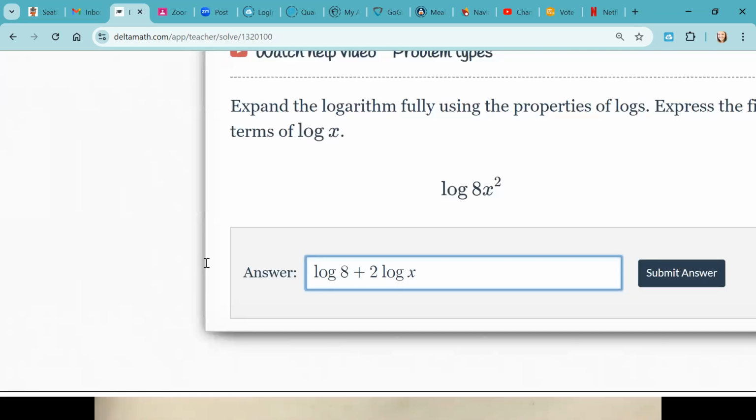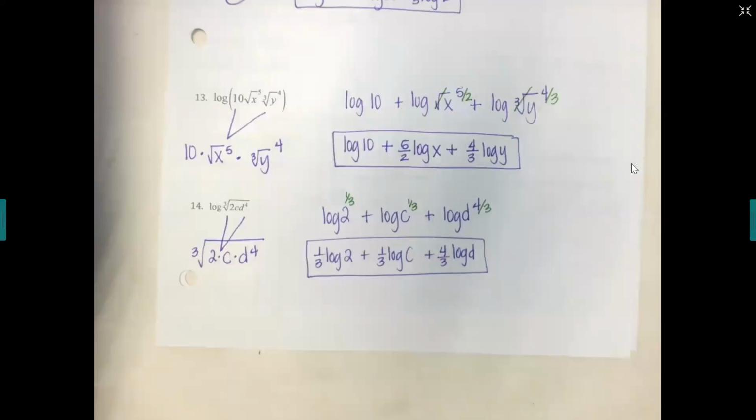You could do all of the expandings. The expandings level 2 are just going to have some of the roots in them, where you have to put like a 1.5 in the front. What was your question? You got it?